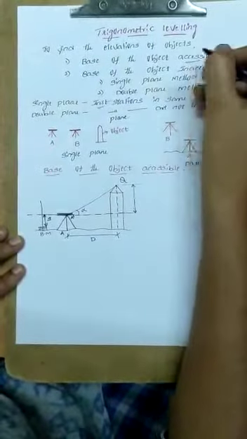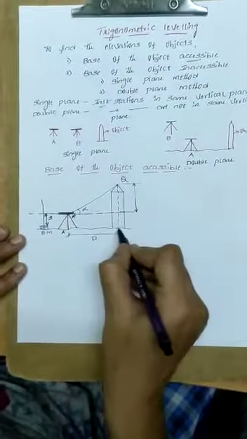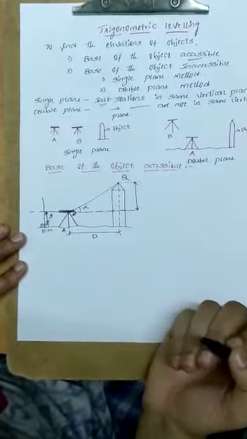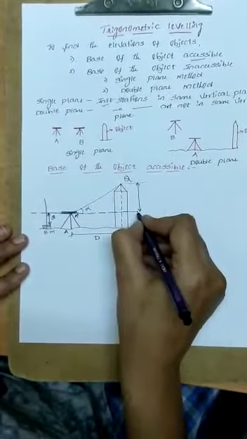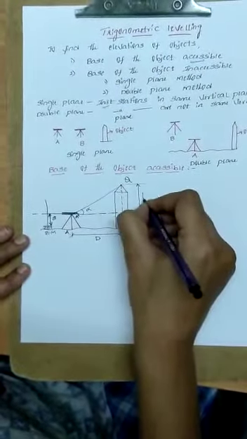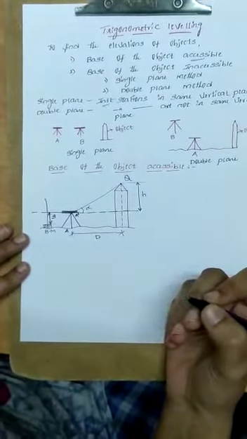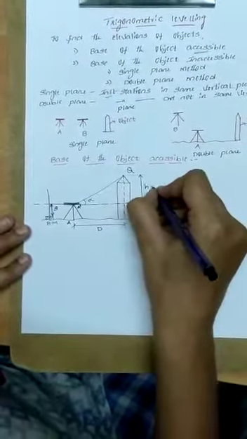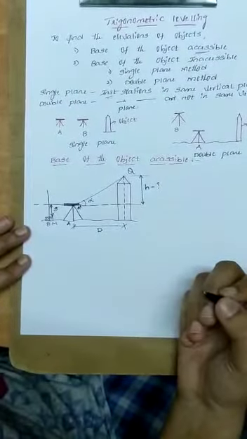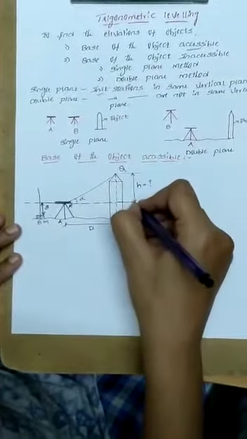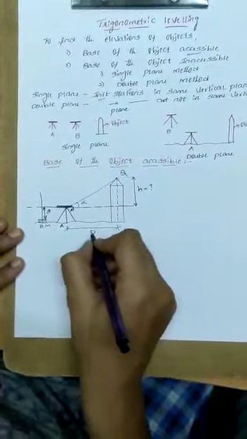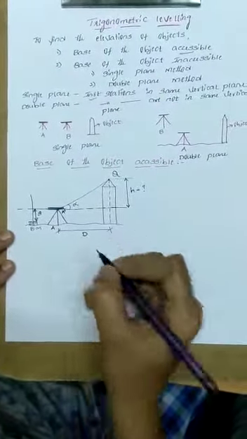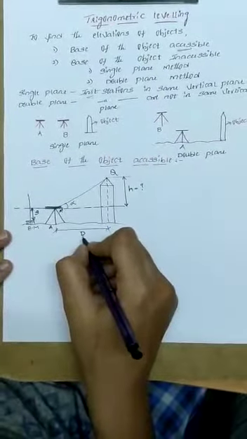That's why it is accessible: the distance between the instrument station and the object is measurable. Then the height from the instrument axis to the elevated object is denoted by capital H. Now your aim is to calculate this H value. You know the formula to calculate the height or elevation of an object, and also the formula to calculate D. In this case they will be measurable.